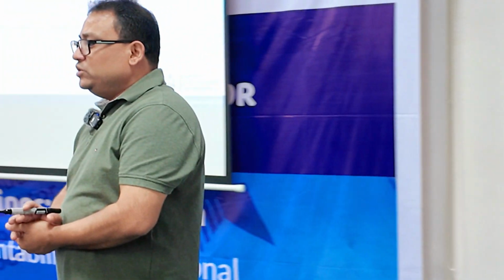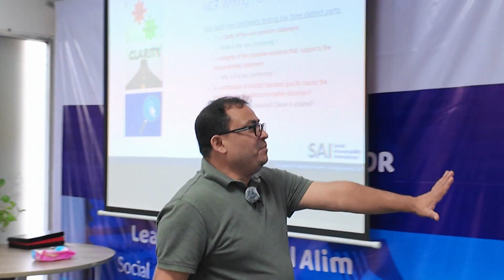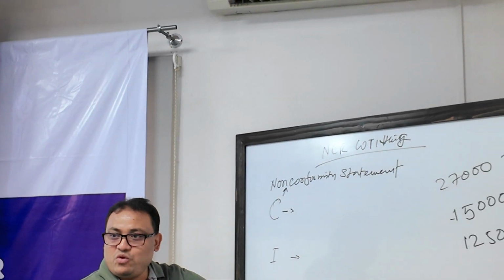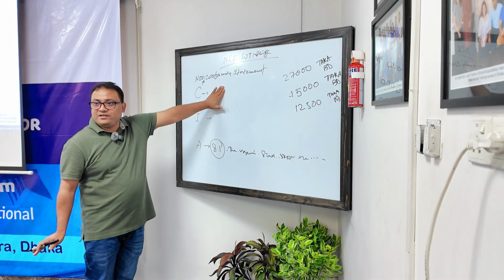Now come to the non-conformity statement. What is your problem here? What did they not comply with? What is the deviation? You will write it here in clarity.